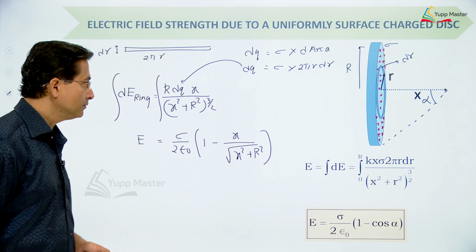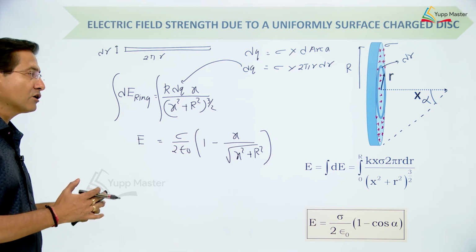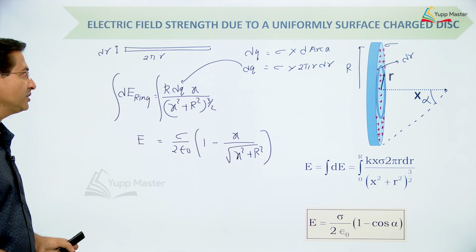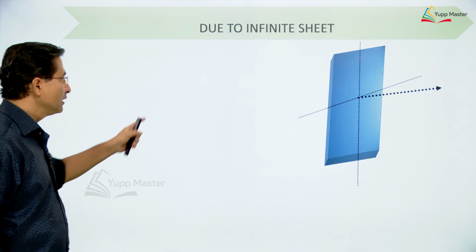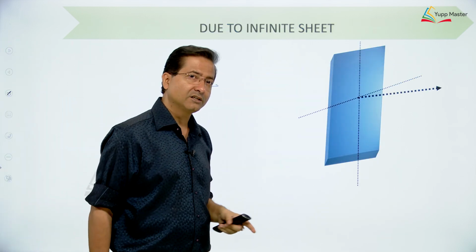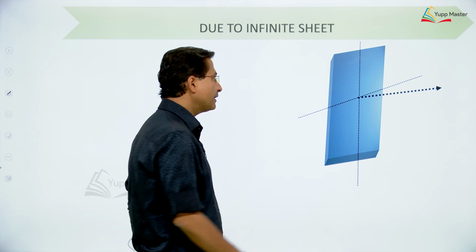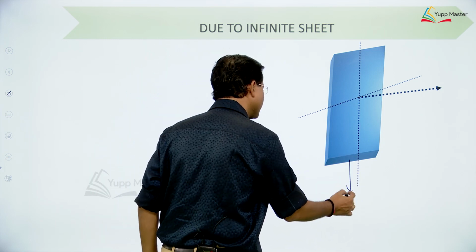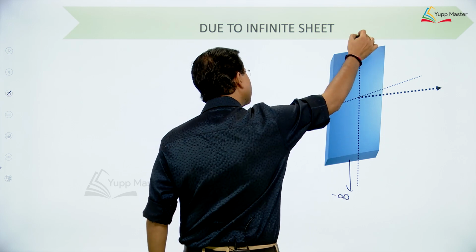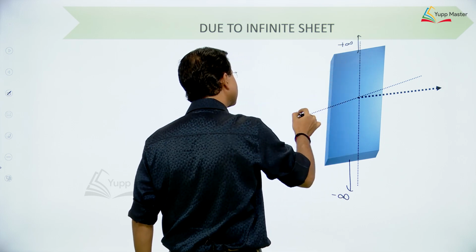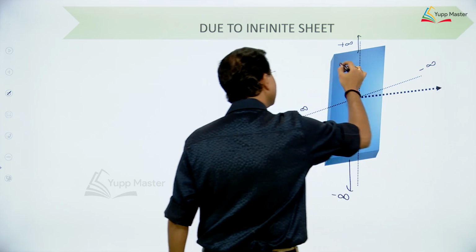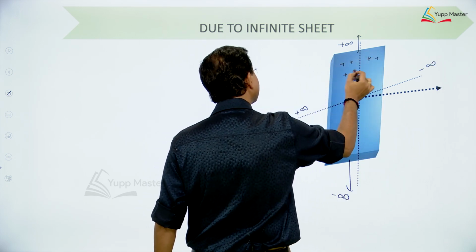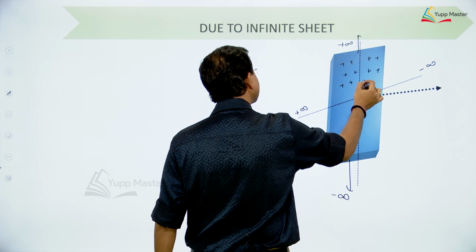Now instead of taking a disc, if I take an infinite sheet, this is extended up to plus infinity and up to minus infinity, and here charge is uniformly distributed and the surface charge density is sigma only.